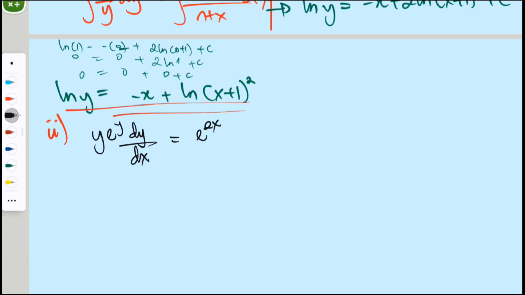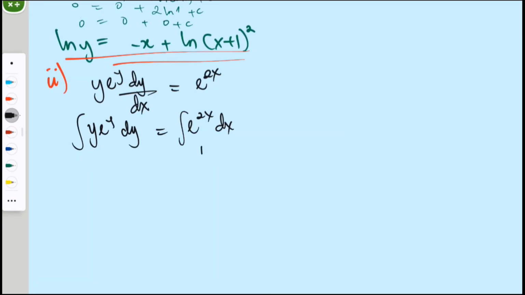So we have to integrate again, rearranging according to variables. So y will be on this side, and then e to the power 2x dx will be on that side. Integrate them separately. Well, this one looks easier to integrate, so I'm going to start off with that one.